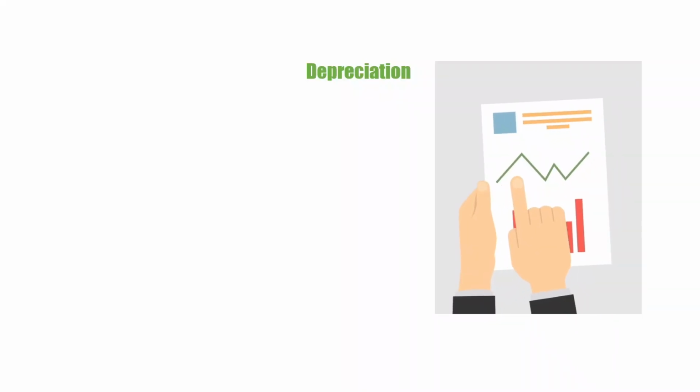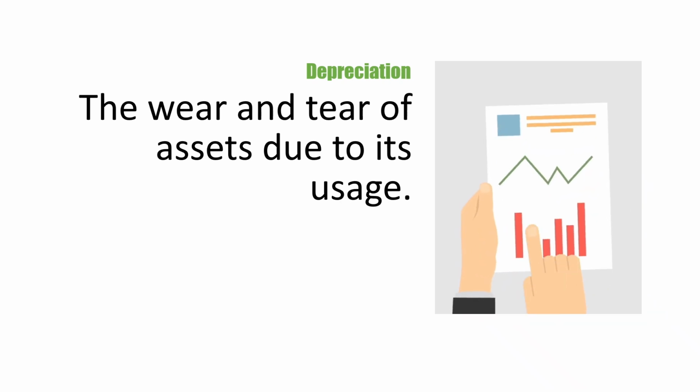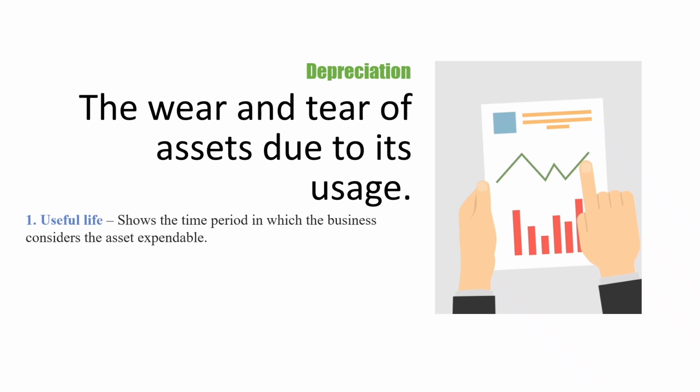Let us dive into depreciation. This is principally the wear and tear of an asset due to its usage, which causes such asset to lose its value over time. When an asset decreases due to usage, depreciation allows systematic allocation of value throughout its useful life. We require 3 main inputs to properly calculate depreciation. 1.